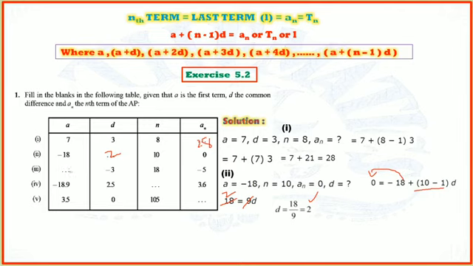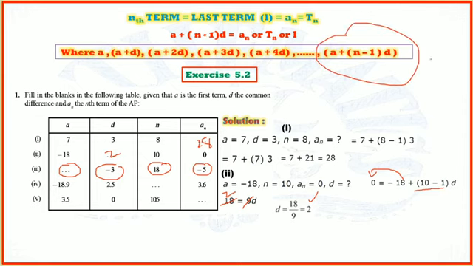Similarly, you can go for this. A is not given, d is given as minus 3, n is given as 18, and minus 5 is the nth term. So we put everything in this formula, and the right hand side is l or the nth term, and then you will get everything. In the fourth case also, a is minus 18.9, d is 2.5, and the number of terms is being asked.